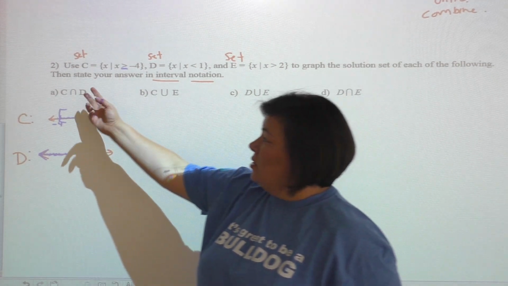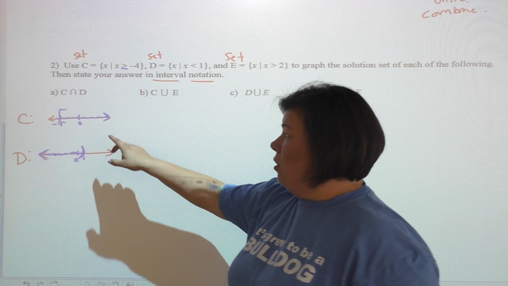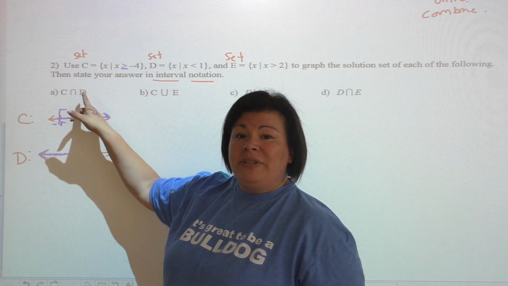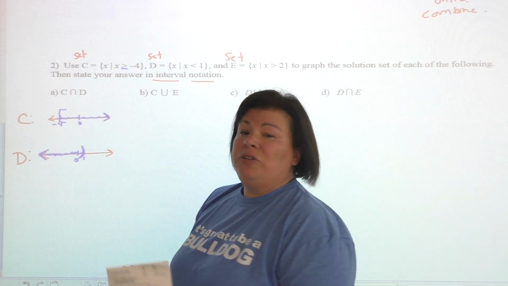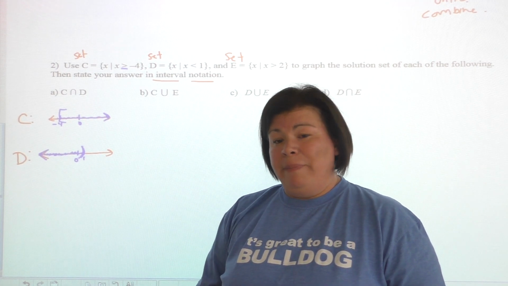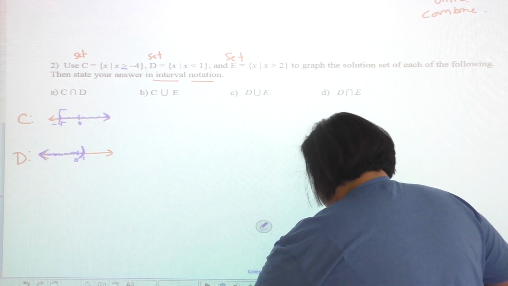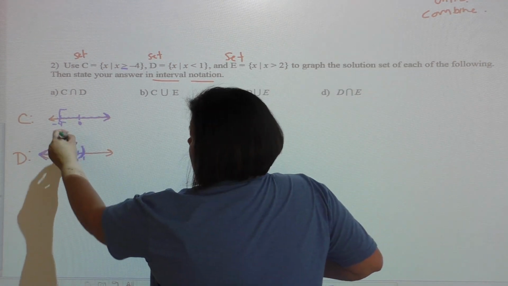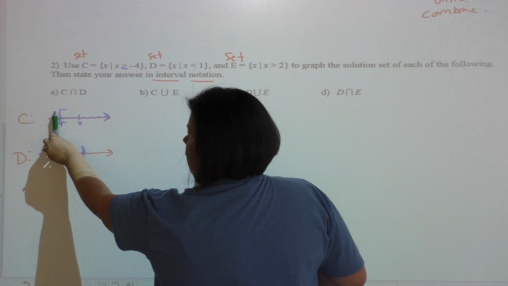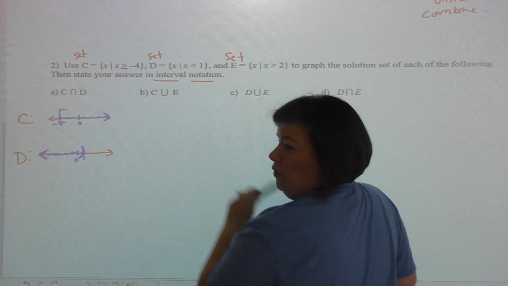However, we didn't even touch this yet. They want to know where is the intersection of both sets. In other words, where do they overlap? Where do they meet? Well, set C starts here at -4 and goes on forever towards infinity.